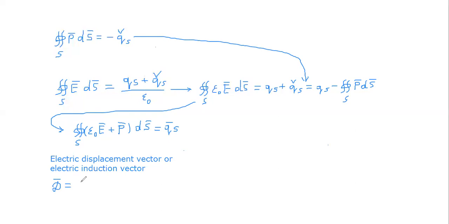And it is equal to epsilon 0 E plus P. Epsilon 0 is electric constant. E vector is electric field intensity, and P is polarization density.